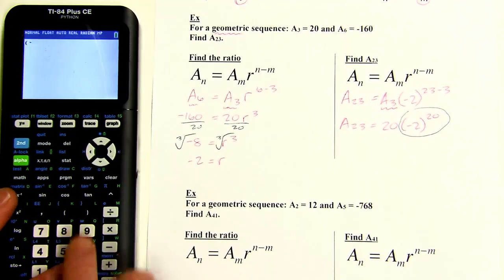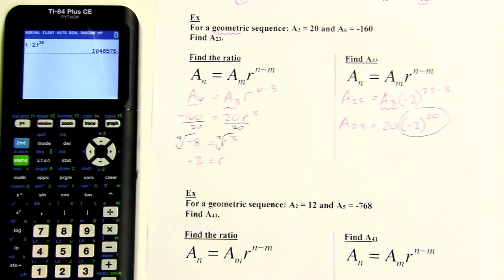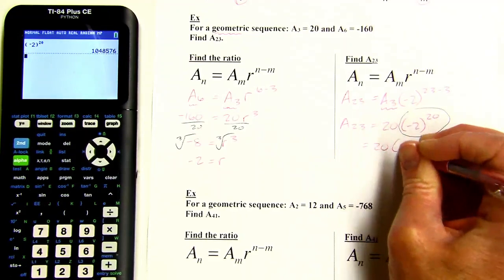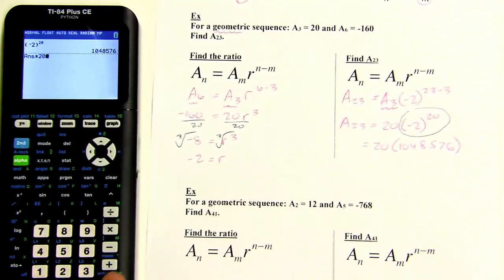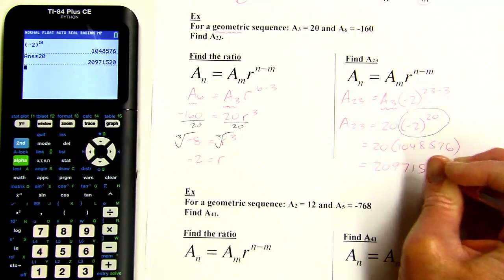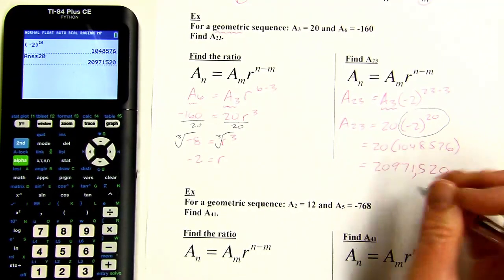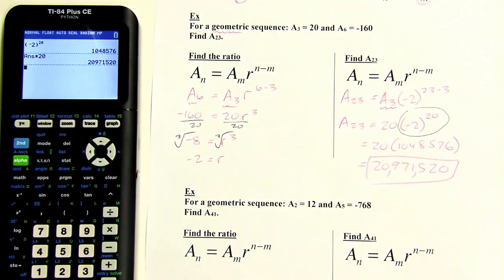And you want to put the -2 in parentheses so that your calculator doesn't raise to the 20th first and then take the opposite of that. We want to take the quantity -2 to the 20th. Okay, so I've got that, and then multiply by 20. And there we go. There is the 23rd term of that geometric sequence.